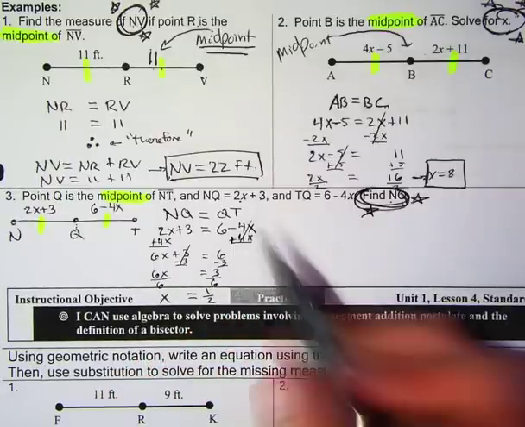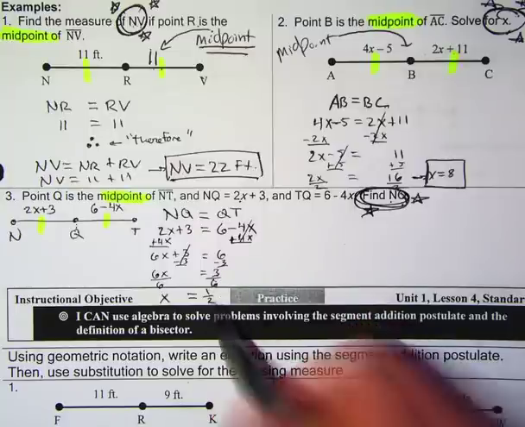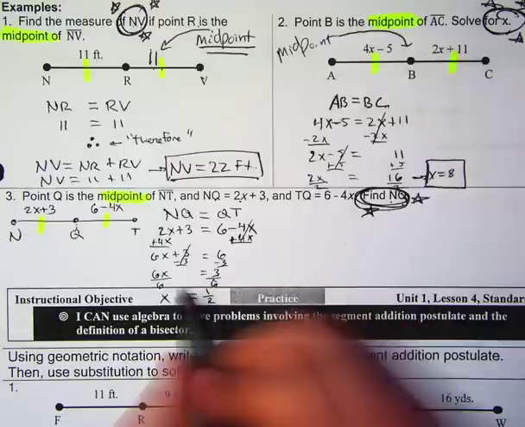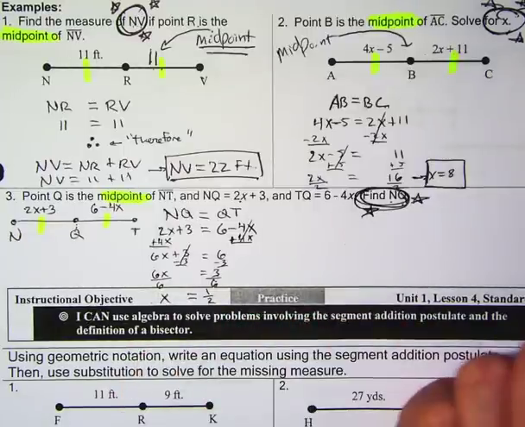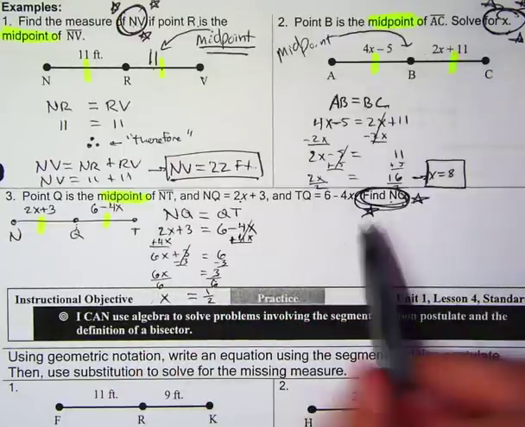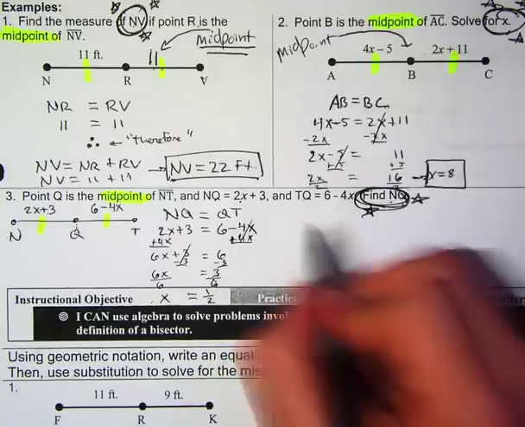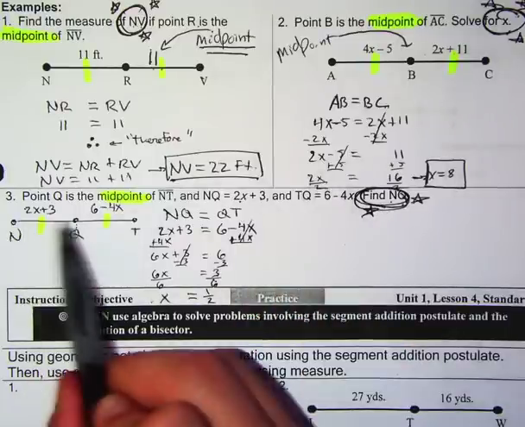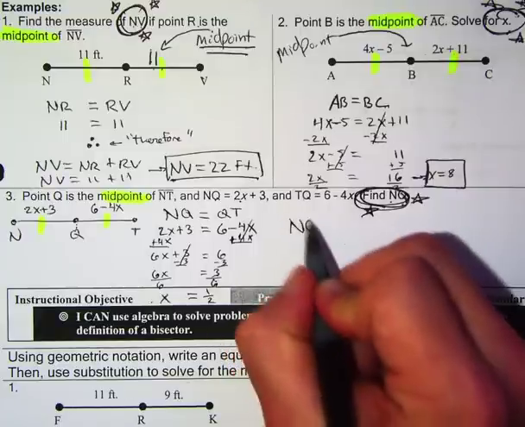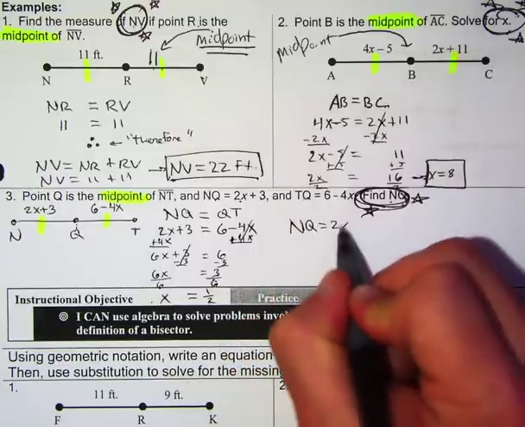Where did I get 1/2 from? I reduced 3 over 6 to 1/2. And if you box your answer here, you're actually wrong. Why? Look what you're trying to find. Don't forget that. So let's go ahead and figure out what NQ is. NQ is this piece here, which is equal to 2x plus 3.